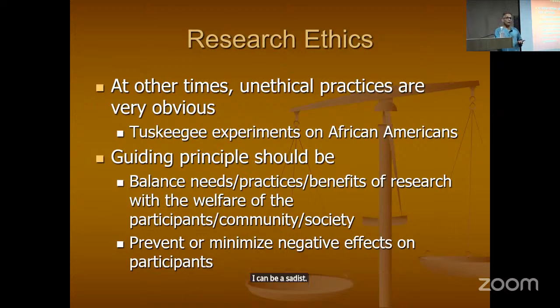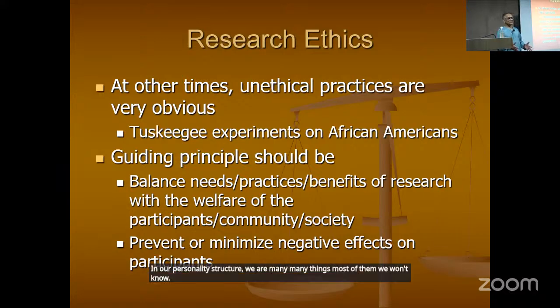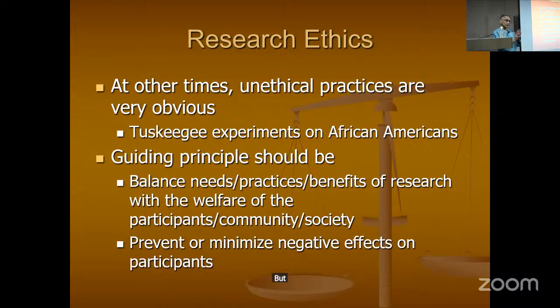I don't want, what was the need for me to know that? In our personality structure, we are many, many things. Most of them we won't know. But in certain situations, they will come up. Okay? So I am one of those people. And that's not nice. The researcher has no right on my life, on me as a human being. So these are ethical practices. So many times you don't even know that you're hurting people.